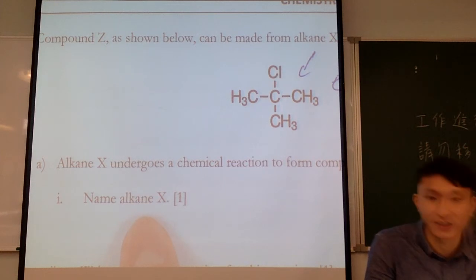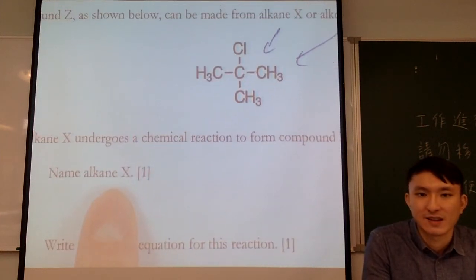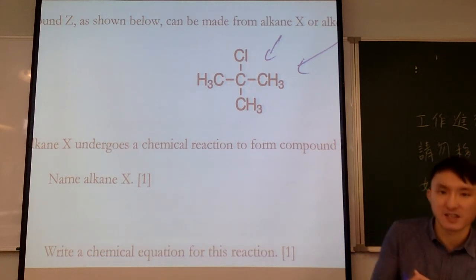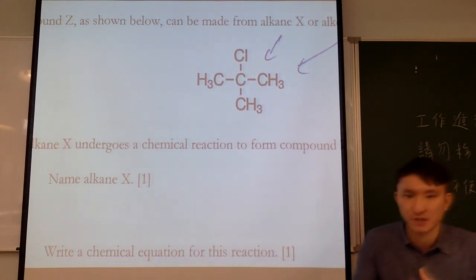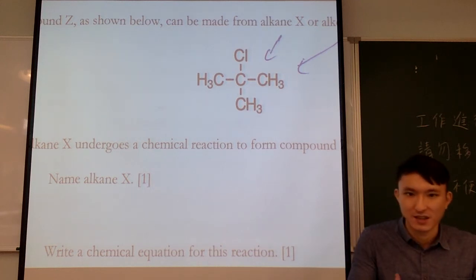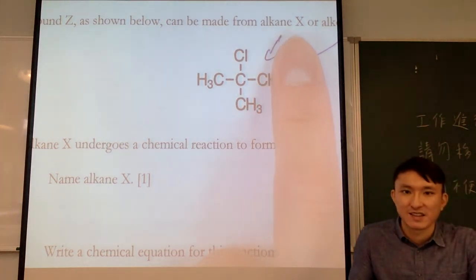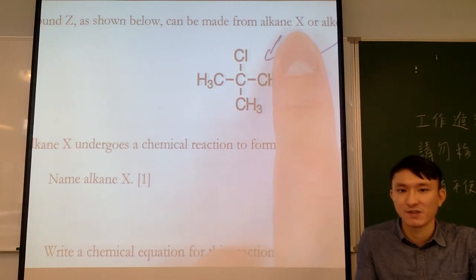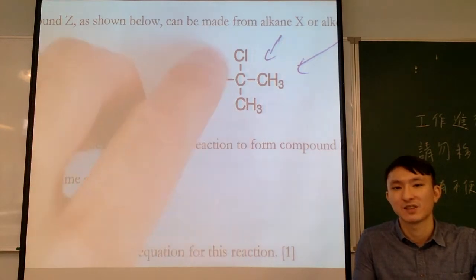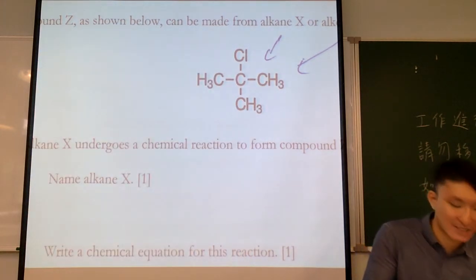So what is the corresponding alkane? Now, alkane has two reactions, combustion and free radical substitution. So I don't think it is combustion, so it has to be substitution. So what alkane can undergo substitution to form this haloalkane? So it has to be the chlorine atom replacing the hydrogen atom.